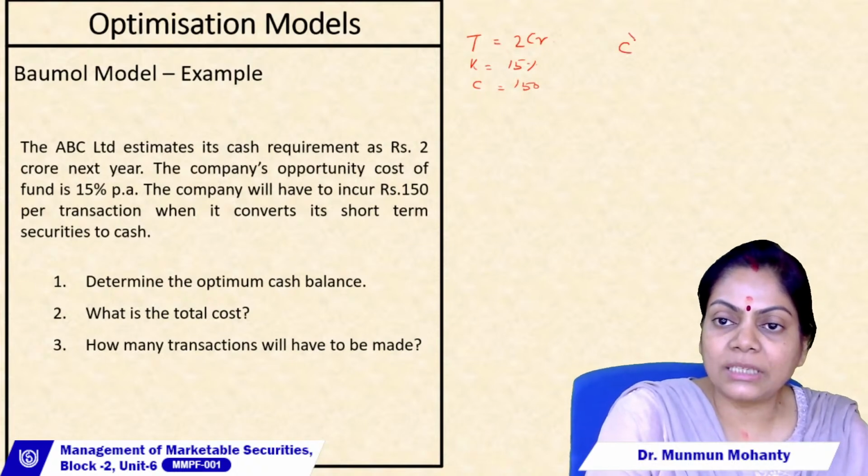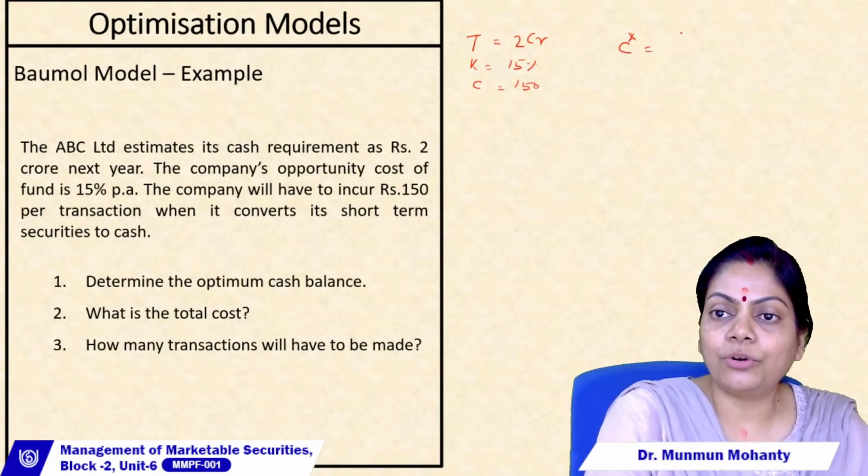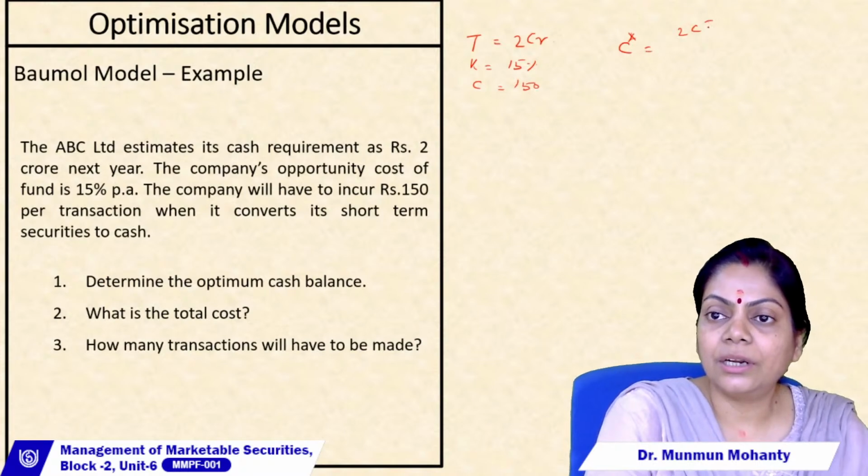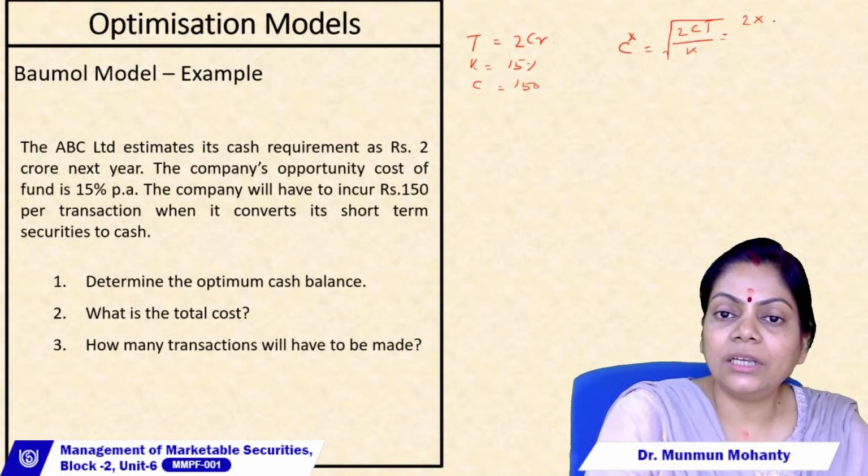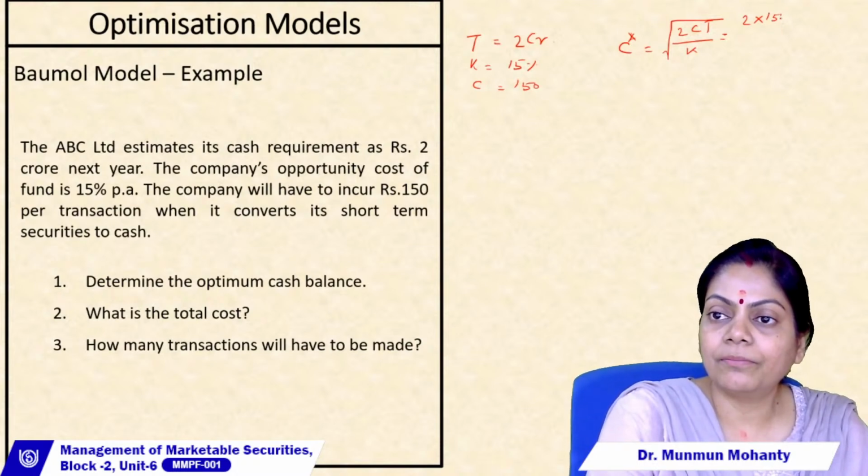Now, my formula says that C star is equal to the square root of 2CT divided by K. So I plug in all the values that were given here, and we can compute. What is C? C is 150. What is the value of T here? T is 2 crore, so I'll put 7 zeros.